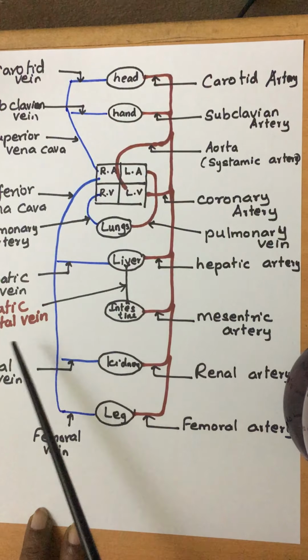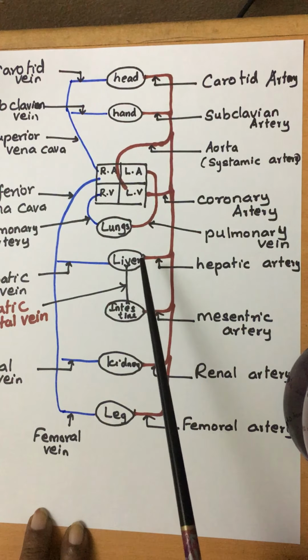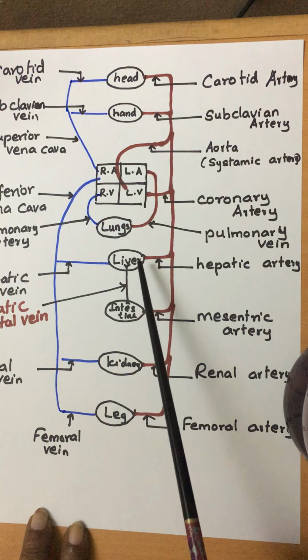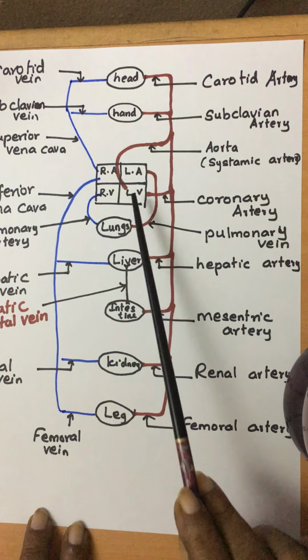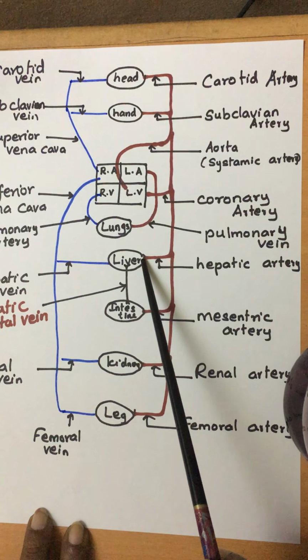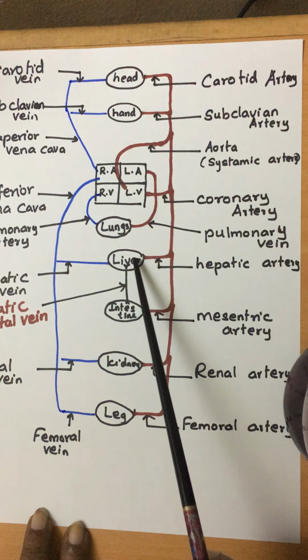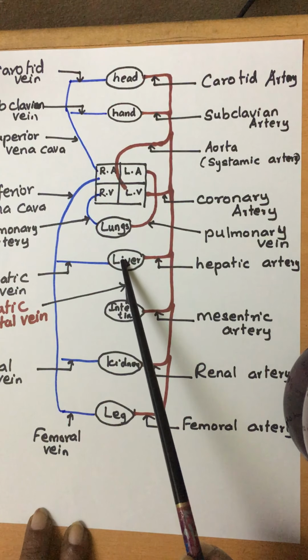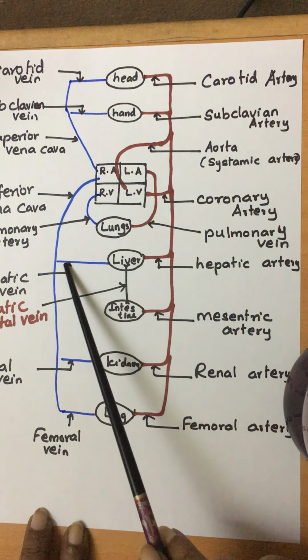The other thing is the name portal vein. When we take all blood vessels connected to the organs, except the heart, they end with blood capillaries. That day I explained to you, the artery becomes blood capillaries and supplies nutrients and oxygen, and again the capillaries combine as a vein.